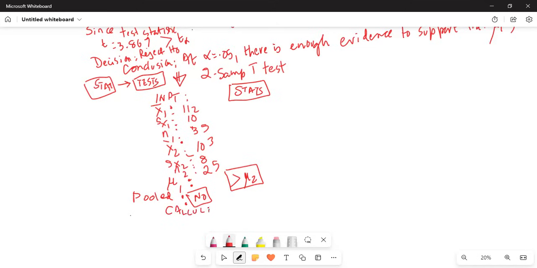So what are we going to calculate? We are going to calculate the test statistic, which we calculated by hand previously, and let's see how close we are, and then we'll look at the p-value. So the test statistic by this calculator, this is your test statistic, is equal to 3.8668.